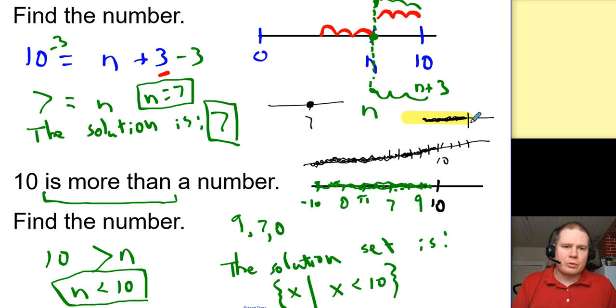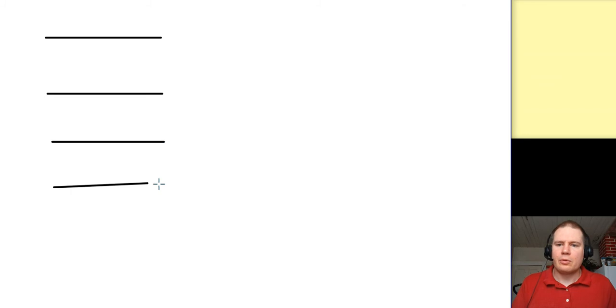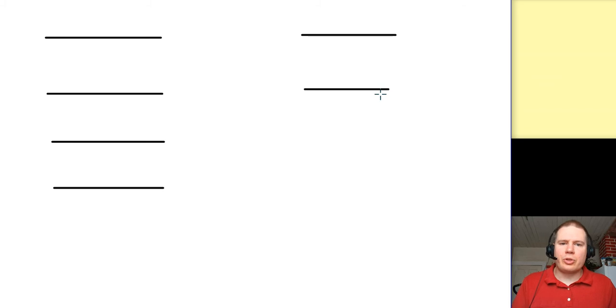And so that's where we need to indicate it, to say this spot 10 is my spot. Just like I put a dot at 7, I'm putting a dot at 10. So let's look at the various situations here. We'll just stick with 10 because we need some number to compare it to.